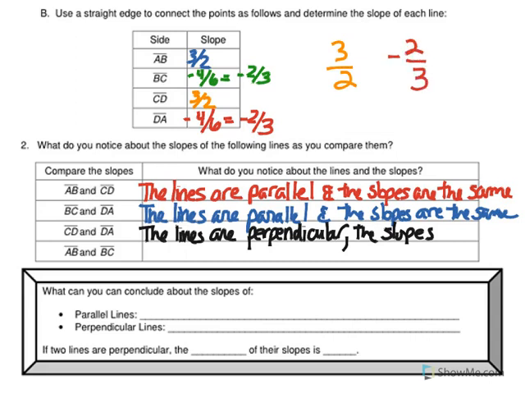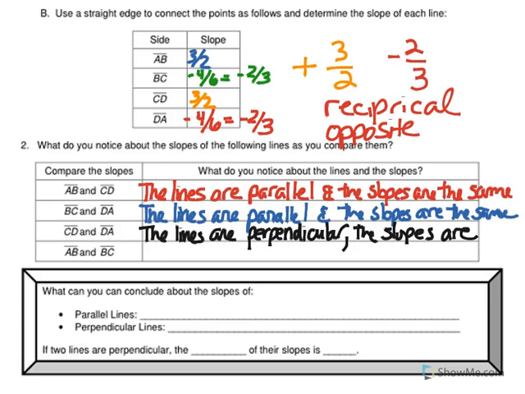So what do you notice? Do you see that the two slopes have been flipped? That's what we call the reciprocal, when you take a fraction and flip it. And whereas the first one was positive, the second one was negative. So their slopes are not only reciprocal, but they are opposite. So let's write that. The slopes are opposite and reciprocal.